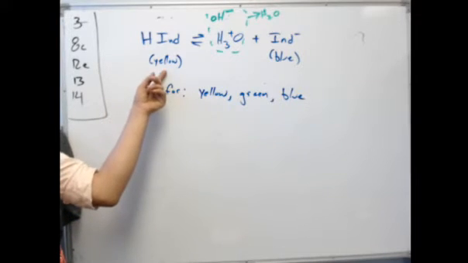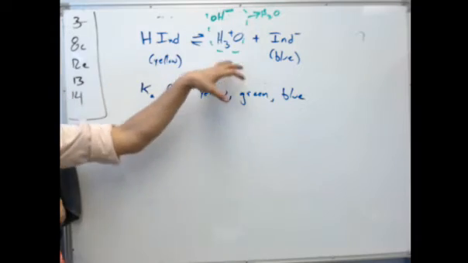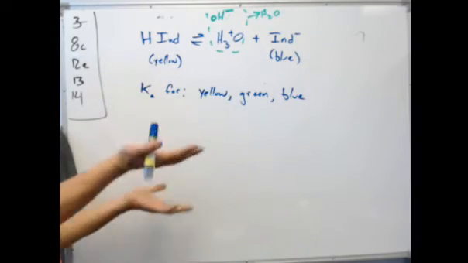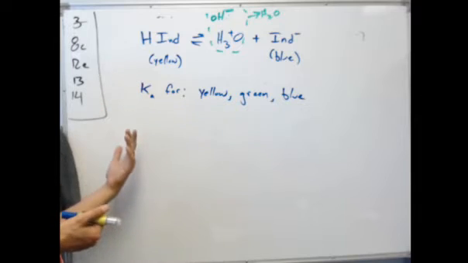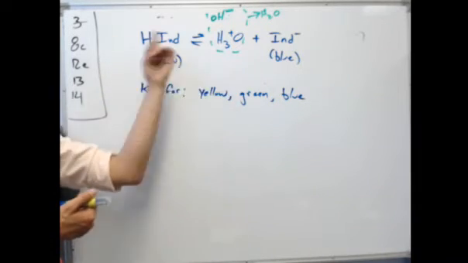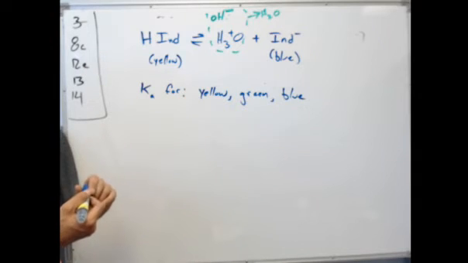Can you have equilibrium where it's all yellow? Yeah, if we add a bunch of acid, the equilibrium will shift, the reaction will stop, and it'll be mostly yellow. What's the Ka in that situation? Does the Ka change when I change how much of each material there is? What's the name of Ka?